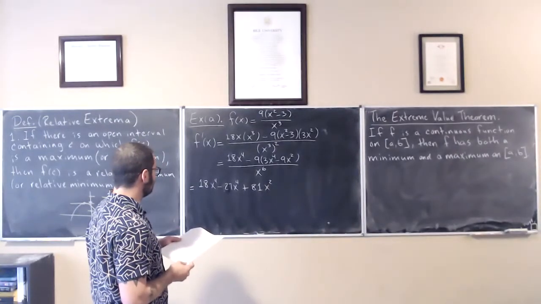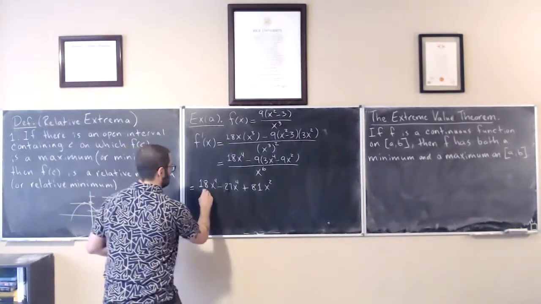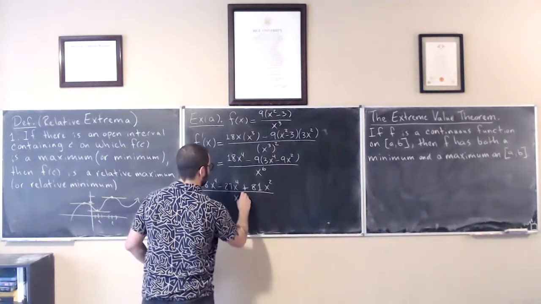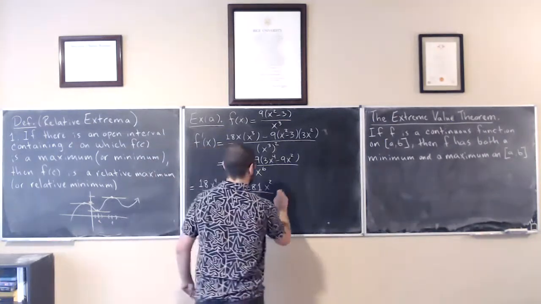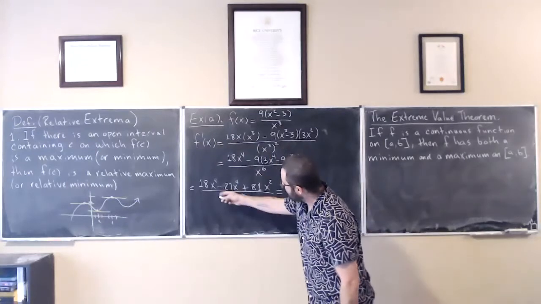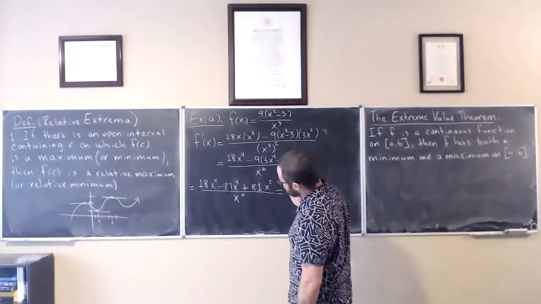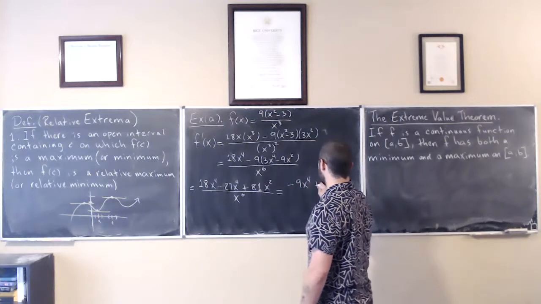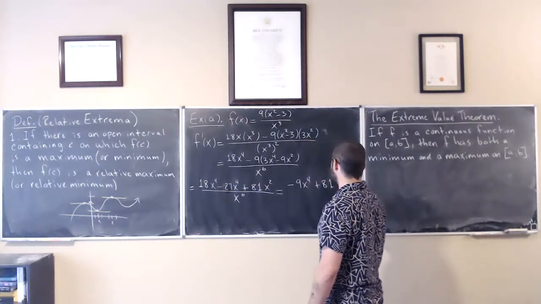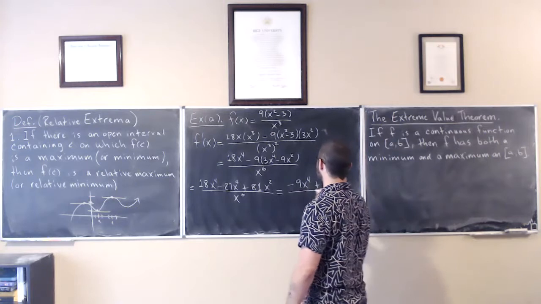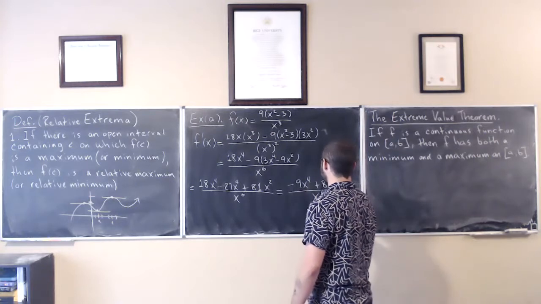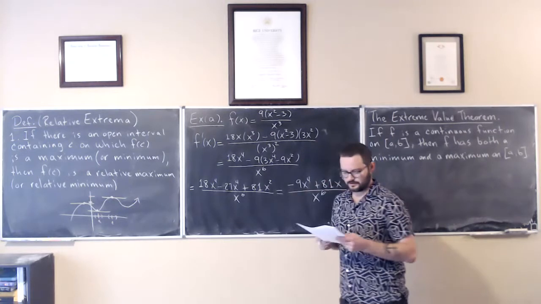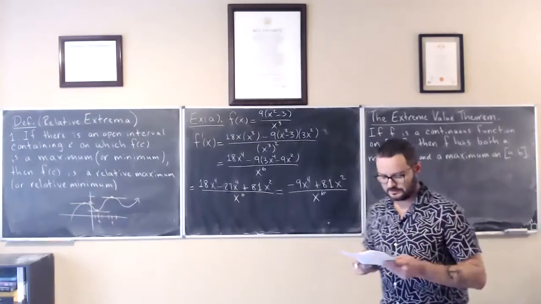That looks correct. All over x to the power 6. So what is that? Minus 9x to the power 4 plus 81x squared over x to the power 6.